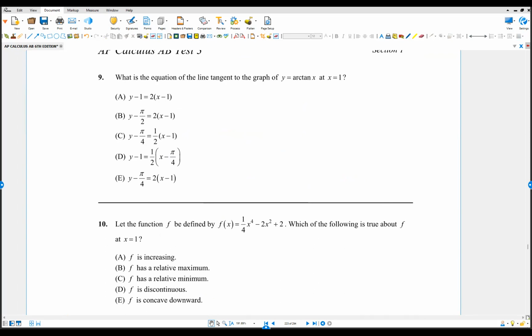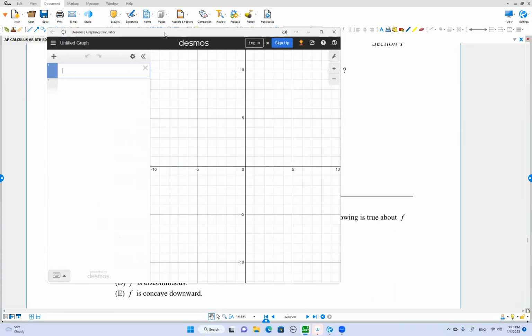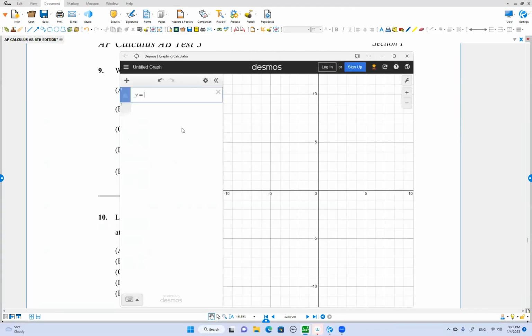I'm showing the graph over here. y equals arctangent x, that's the arctangent x.